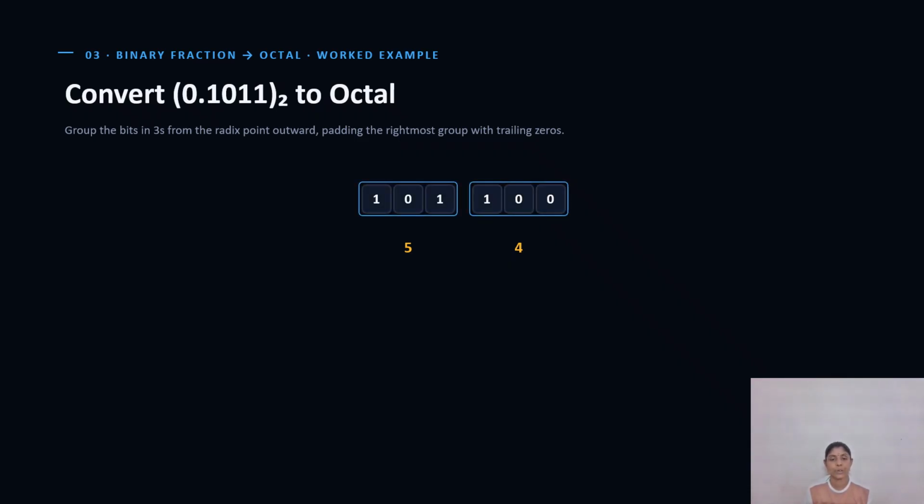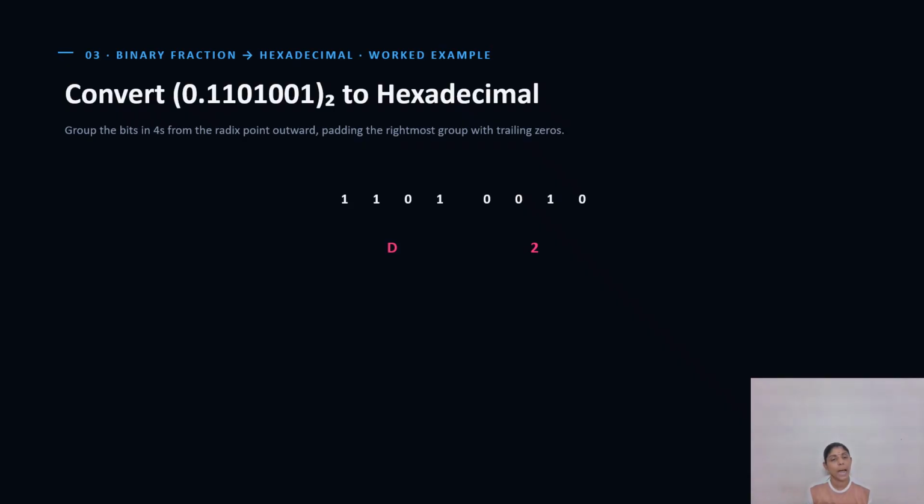Already you know the code to follow is 4 2 1. 4 is on as well as 1 is on, so 101 is 5. Here 4 alone is on, so the value is 4. So the octal representation is 54. But since it is a fraction, I have written it as 0.54 base 8.